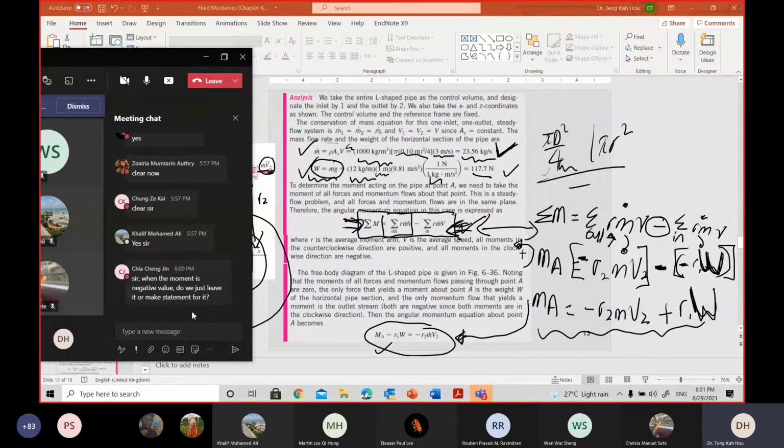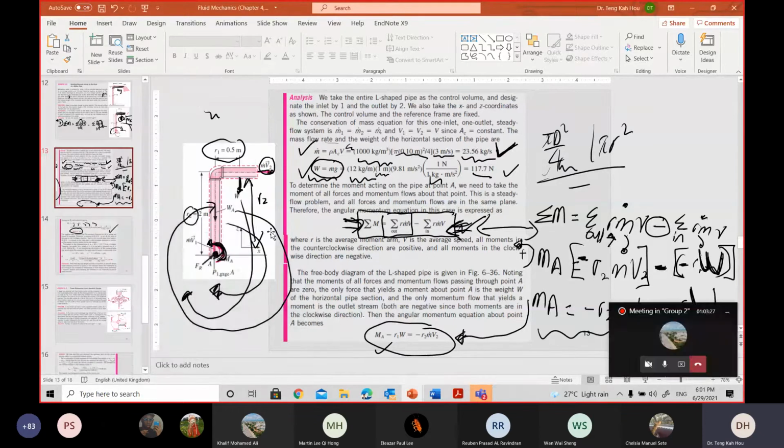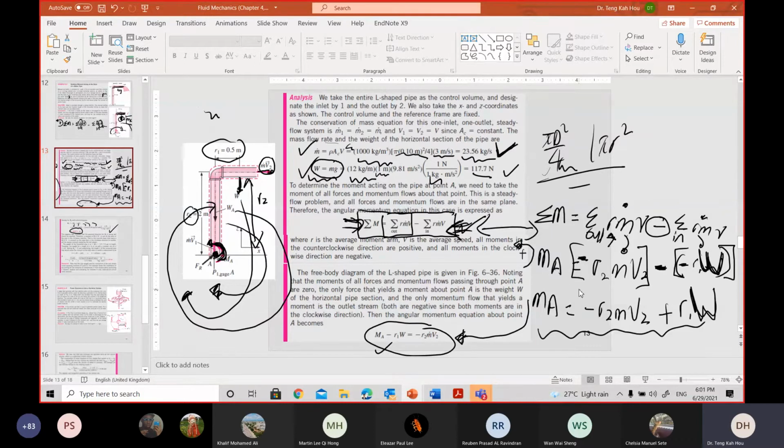When there is a negative value, you need to make a statement. That's a very good point, right? That's why in this kind of question, I recommend you always let me know what directions you are referring to. For example, you can write anti-clockwise is positive or clockwise is positive. So don't get frightened if your answer is different from mine.